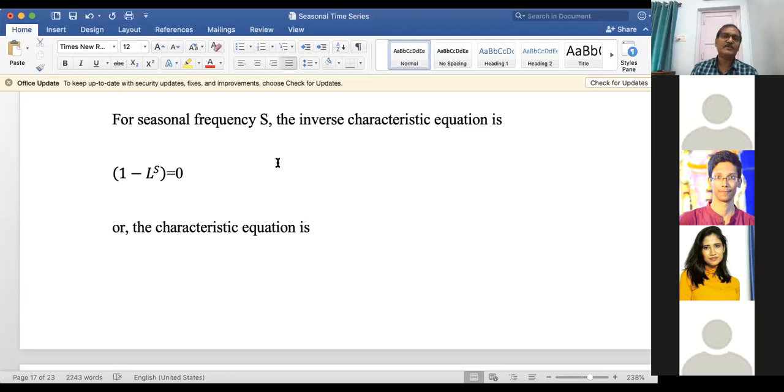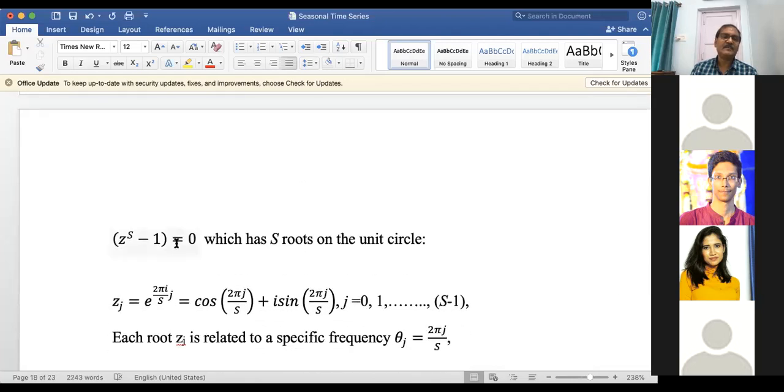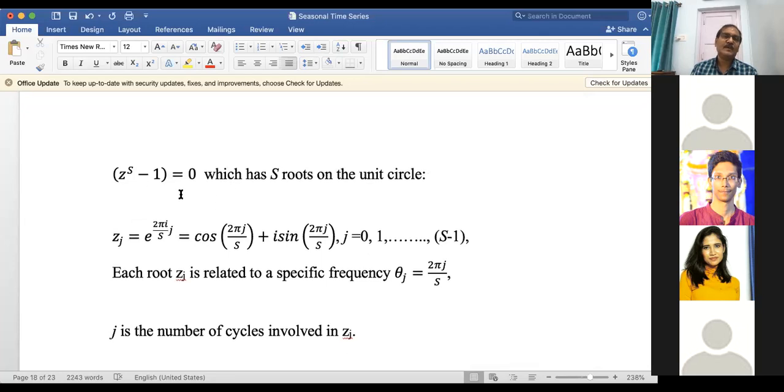Suppose for seasonal frequency S, the inverse characteristic equation is again 1 minus L to the power S equal to 0, and the corresponding characteristic equation is Z to the power S minus 1 equal to 0. If we solve it, this equation contains S characteristic roots.